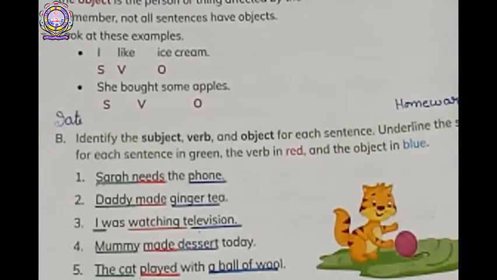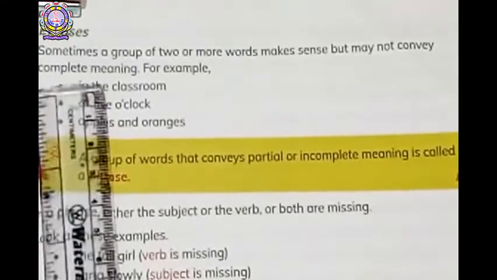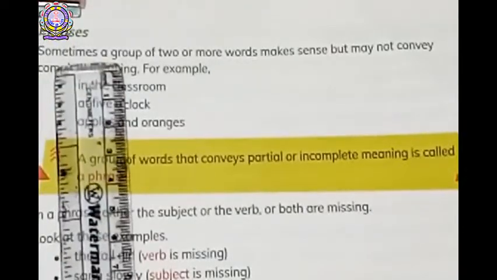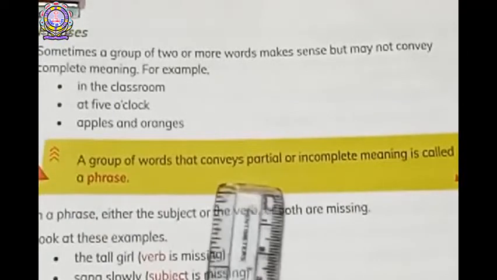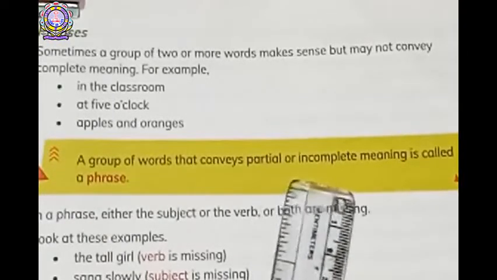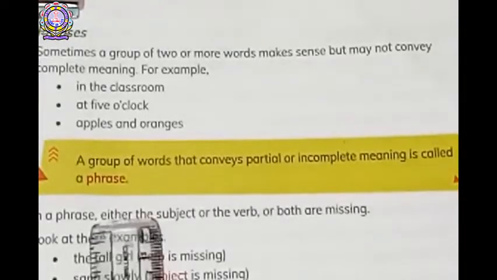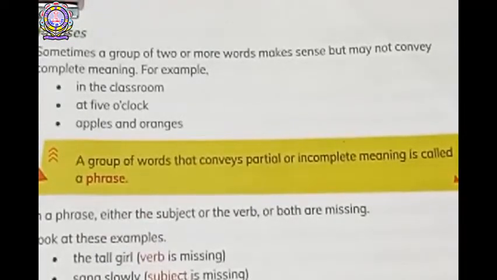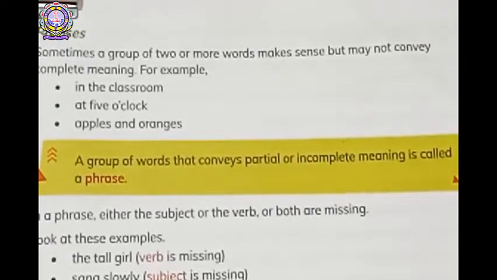Now we will revise our phrases. So yesterday we learned this. Okay, we had an explanation: phrase. A group of words that convey partial or incomplete meaning is called phrase. So that means sometimes a group of words make sense but not a complete sense.